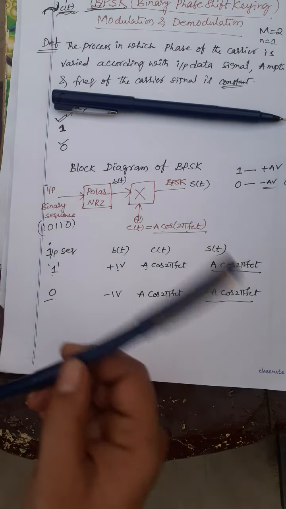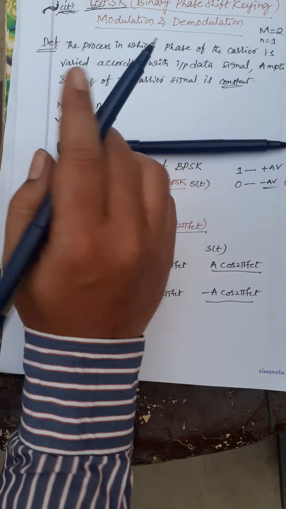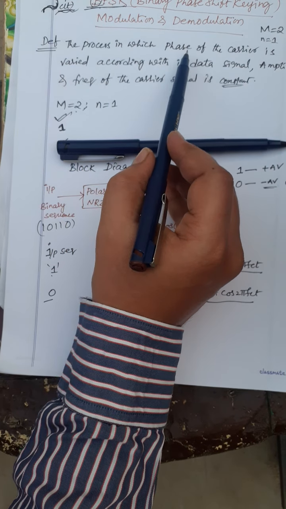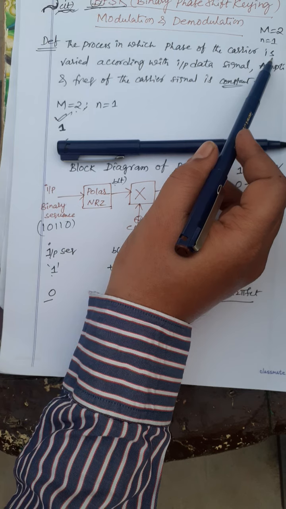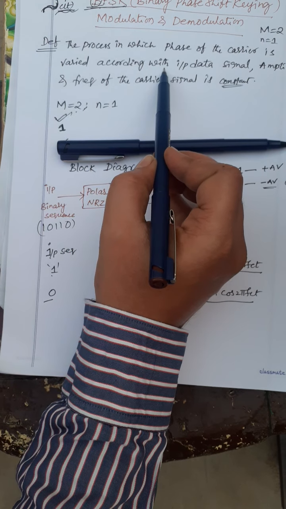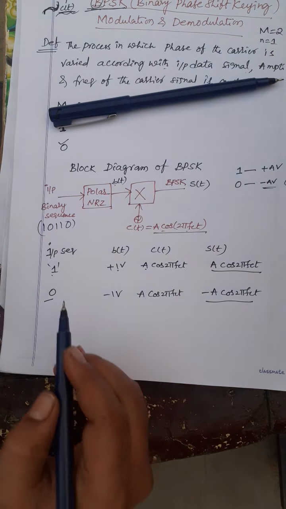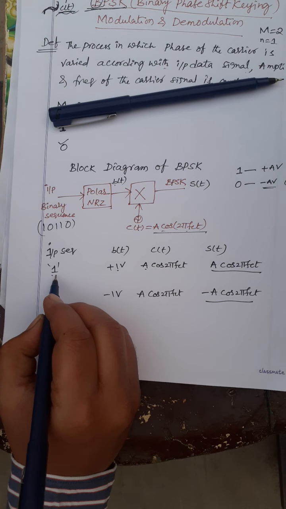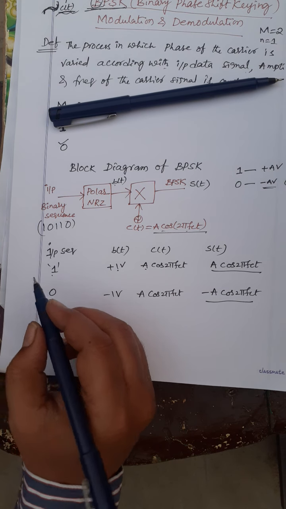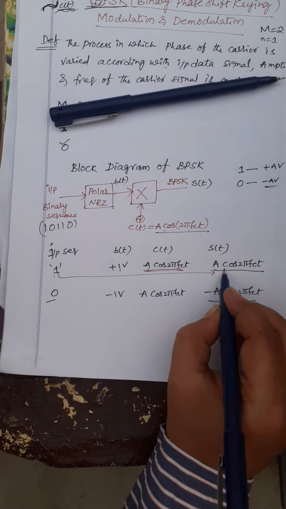If you observe here, what is the definition? The process in which the phase of the carrier is varied according to the input data signal, right? Now see, whenever bit 1 is transmitted, there is no phase change in the carrier signal.